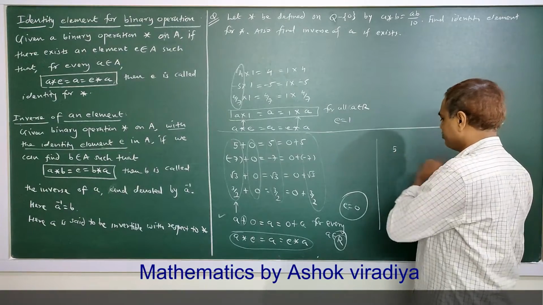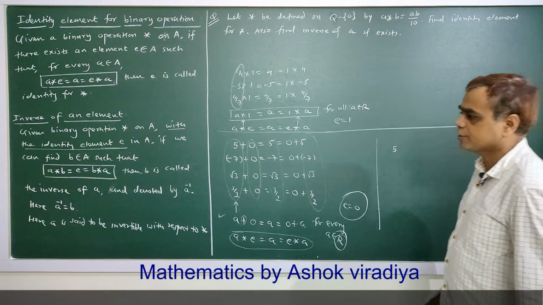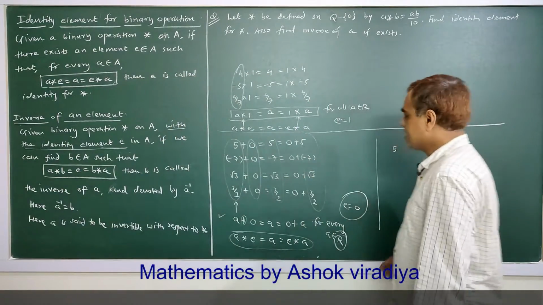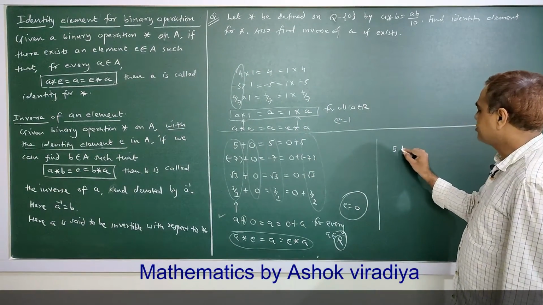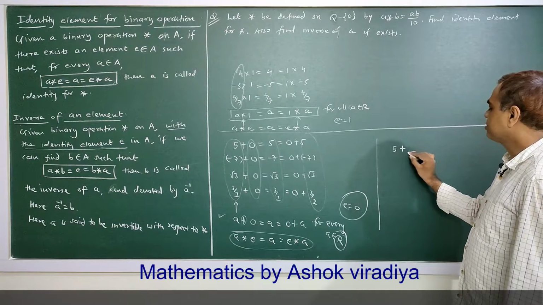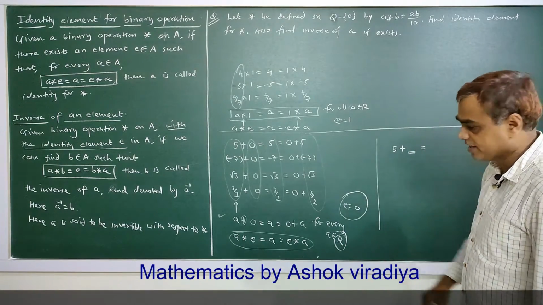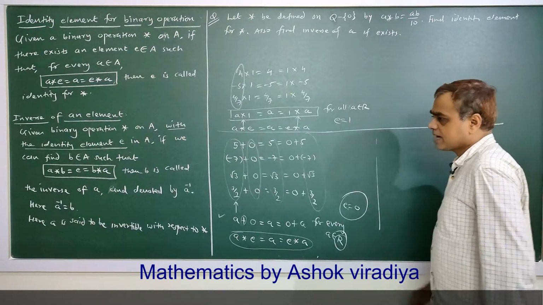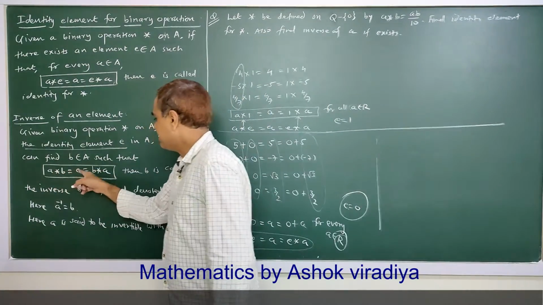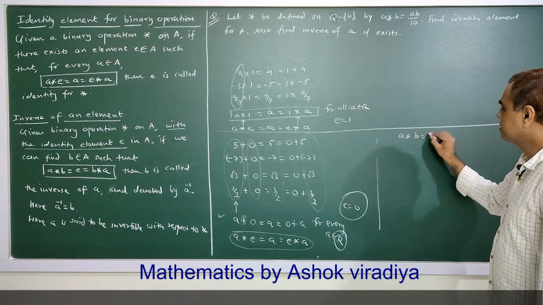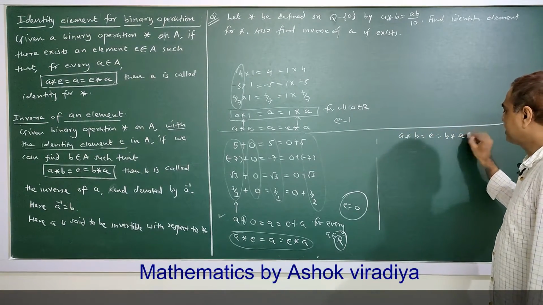I am taking 5. A equal to 5. Operation is addition. So 5 plus something equal to. See what we want here. Here we want this type of statement. A star B is E is B star A.